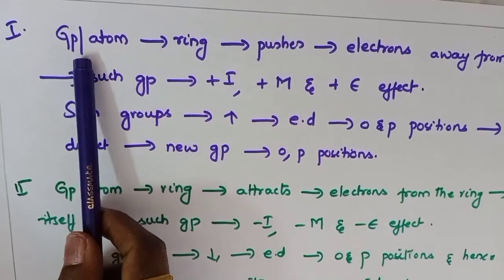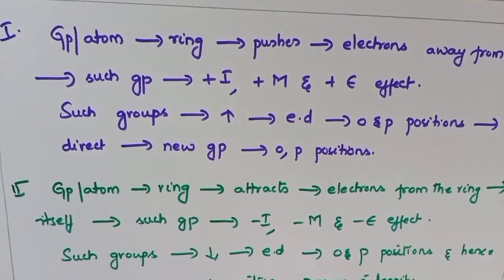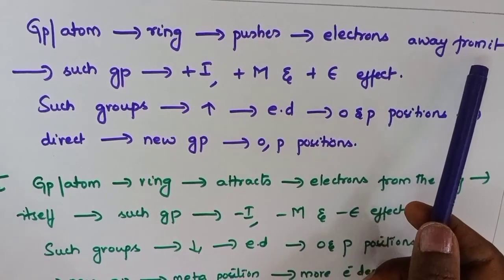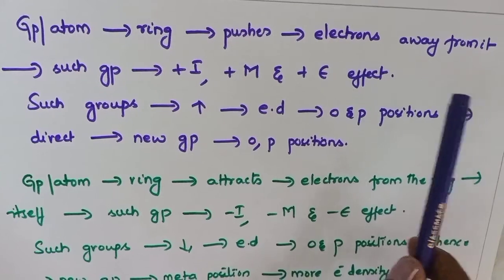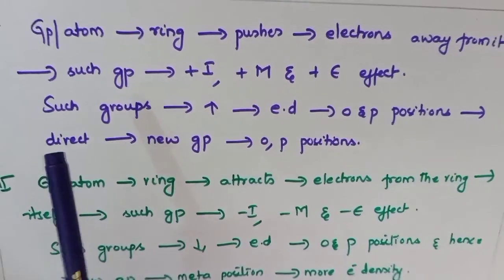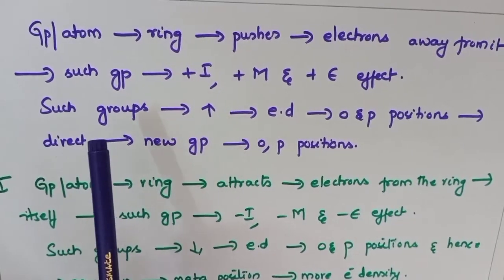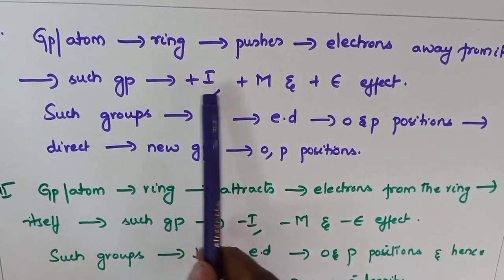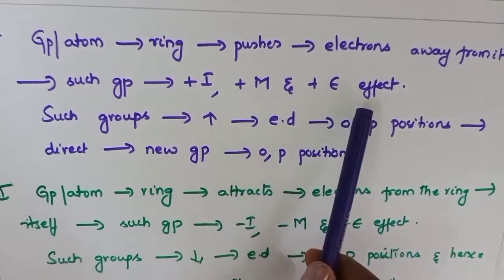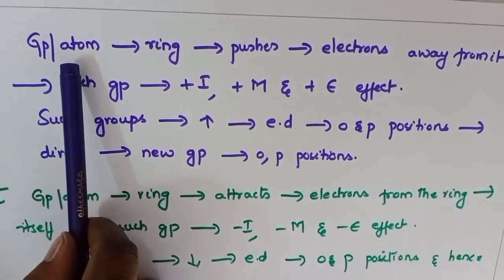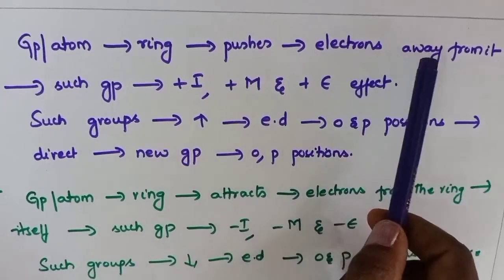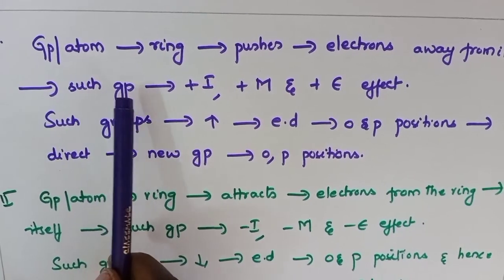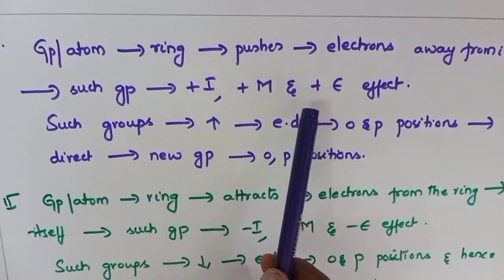See, if the group or atom which is already present on the ring pushes the electrons away from it, that means the electrons are pushed towards the ring from the group or atom present on the ring, then we can say that such a group shows plus I, plus M and plus E effect.